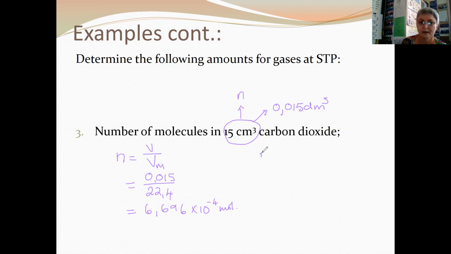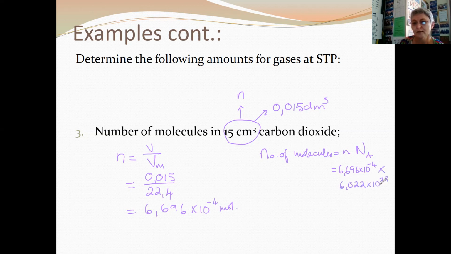And the number of particles would be the moles times Avogadro's number, which is 6.696 times 10 to the negative 4 times 6.022 times 10 to the 23.